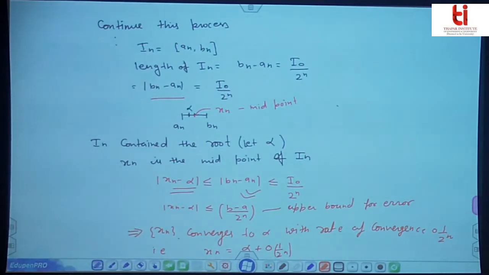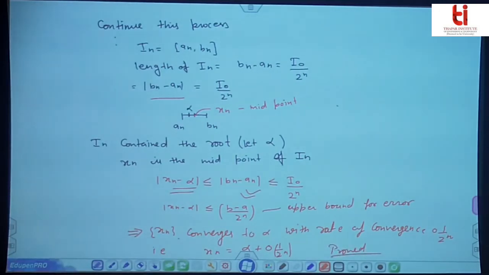So xn is equal to alpha, the exact root, with order of convergence 1 upon 2 raised to power n. This is also called the rate of convergence of the bisection method. Okay, so this proof is done, that we had to prove.